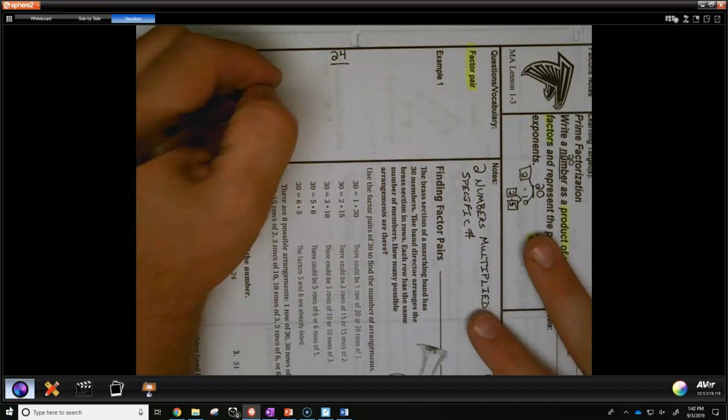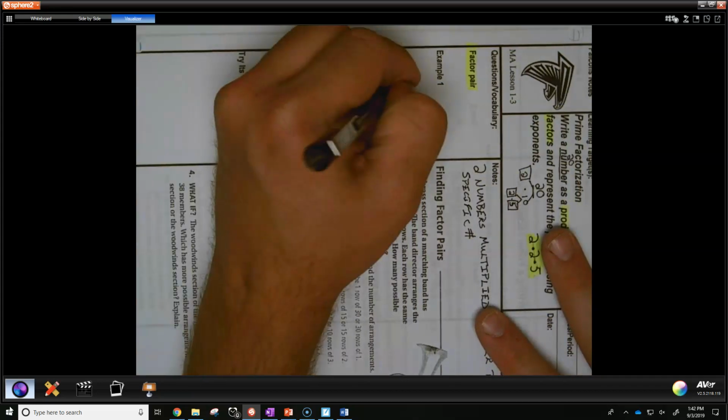To help us find all the factor pairs of 24, I use a method called the upside down rainbow. It's very important. Here's how you do it. You're going to leave big gaps. I identify the very first and easiest pair of factors, which is always 1 and the number itself.